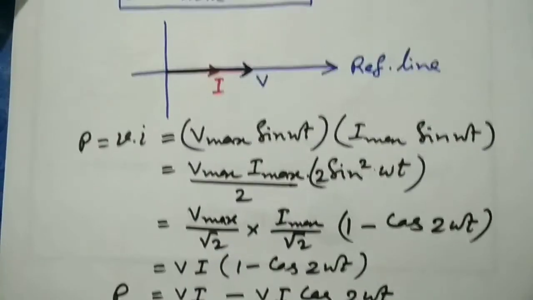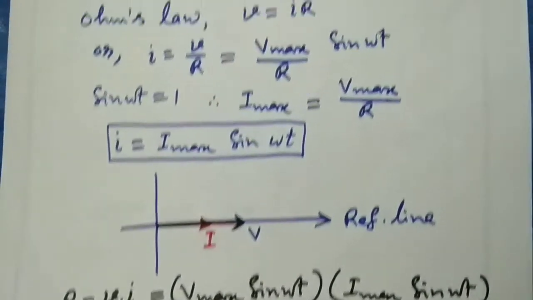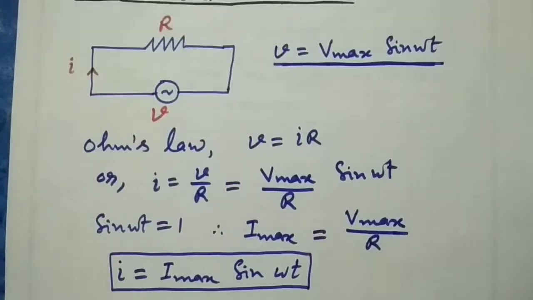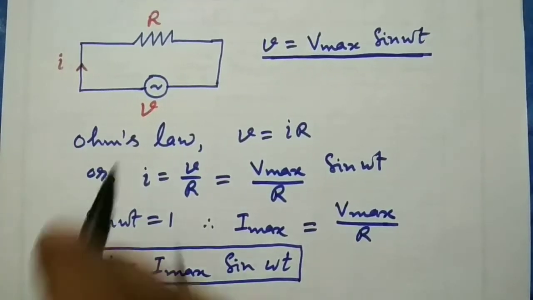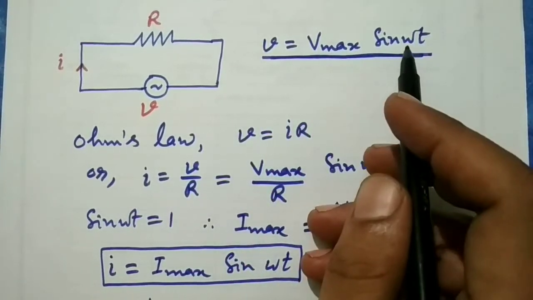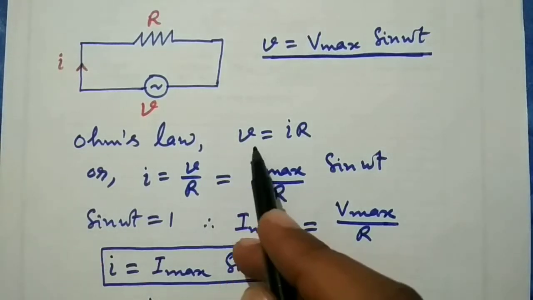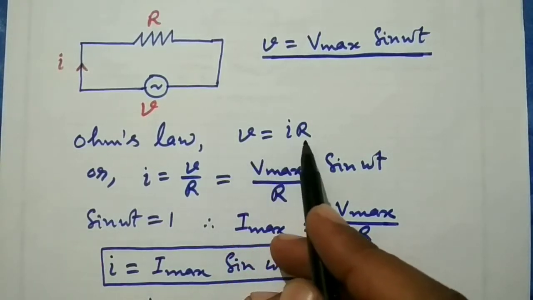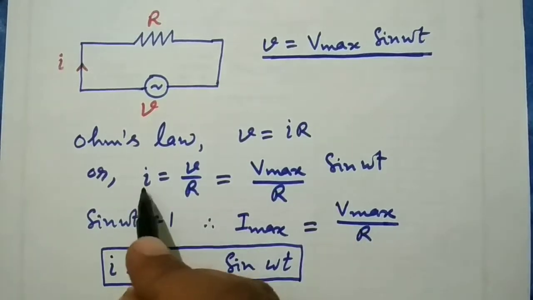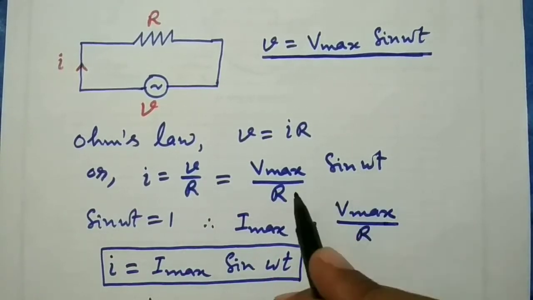So if we explain the part again, this is a purely resistive circuit. Here the alternating voltage V max sin omega t is applied. Corresponding current will flow, that is I. According to Ohm's law, V equal to I into R, or I can be written as V upon R. So it will be V max sin omega t upon R.